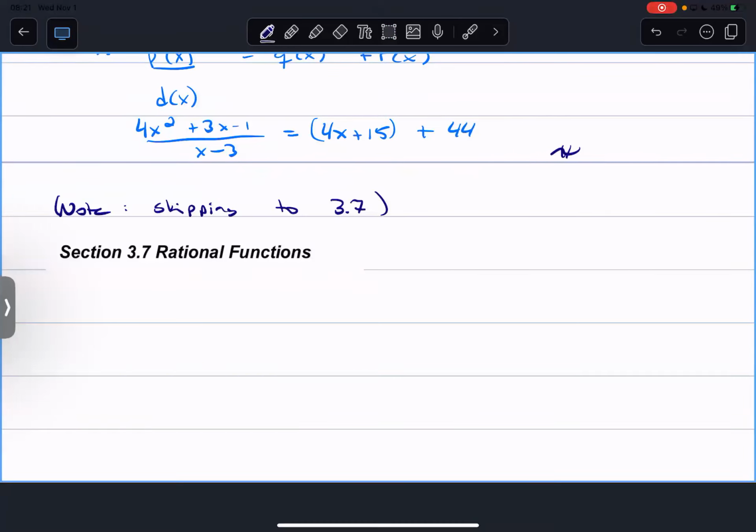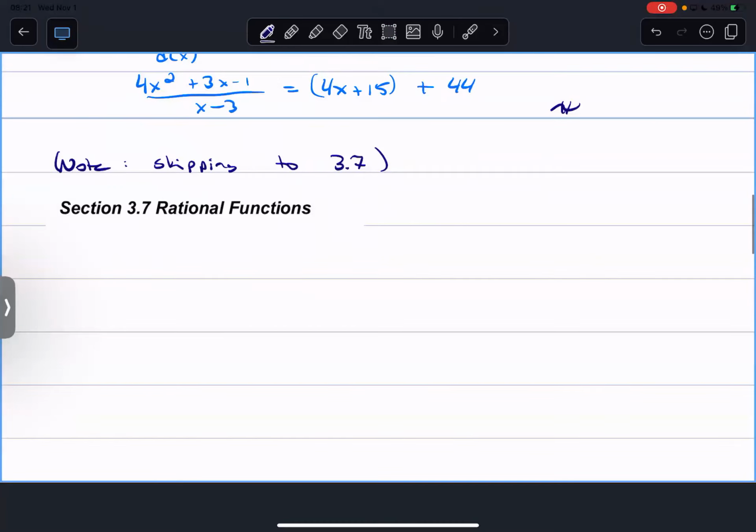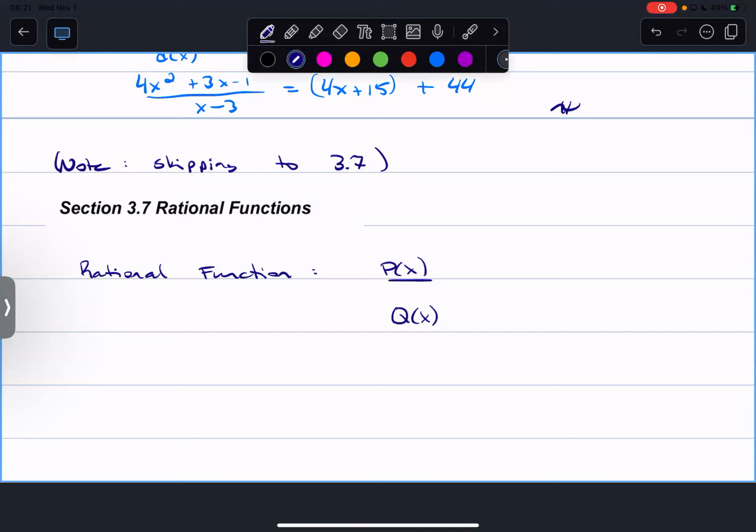Okay, so a rational function is when we have some p of x divided by, and I'll say q of x, right? Two polynomials, one in the numerator and one in the denominator. So these are both polynomials.